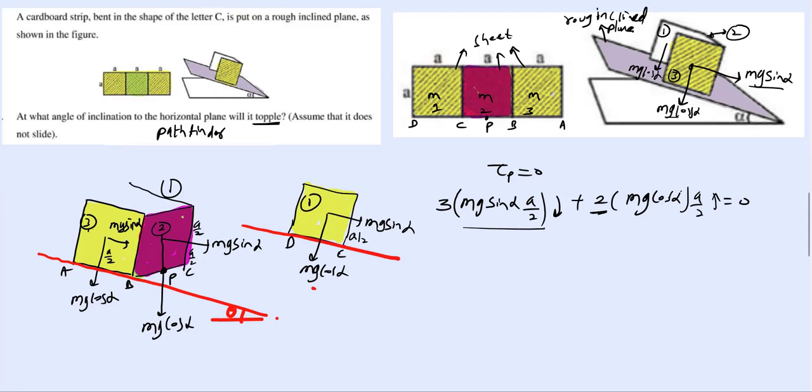The torque due to mg cos alpha of sheet 2 will pass through that point P. Here, mg cos alpha of sheet 2 will act like this, and it will pass through the edge BC and exactly intersect at point P. So this particular thing will not set up a torque.